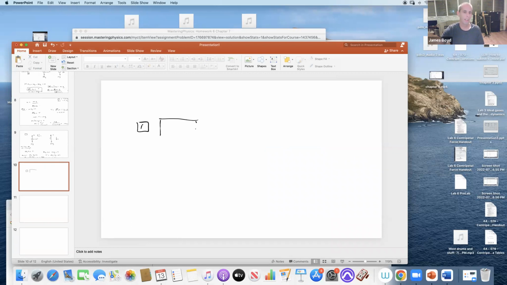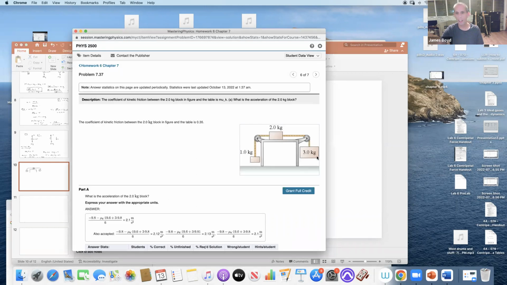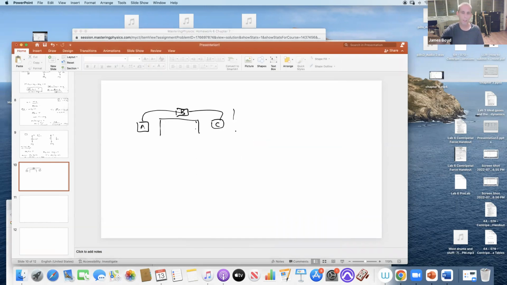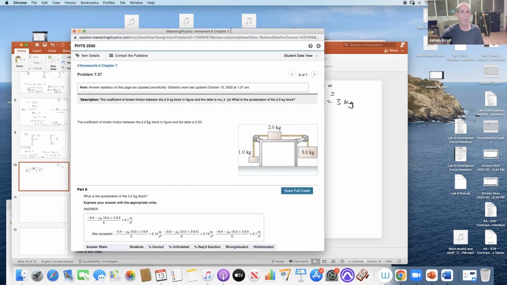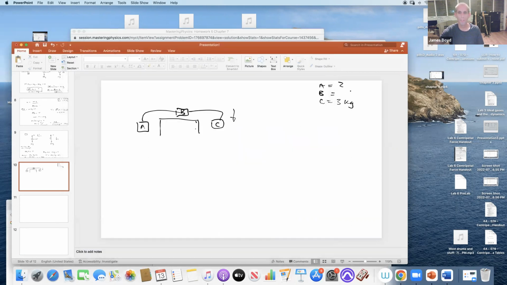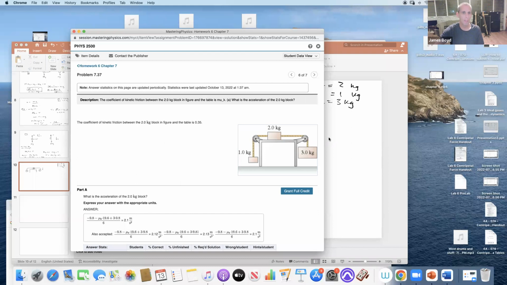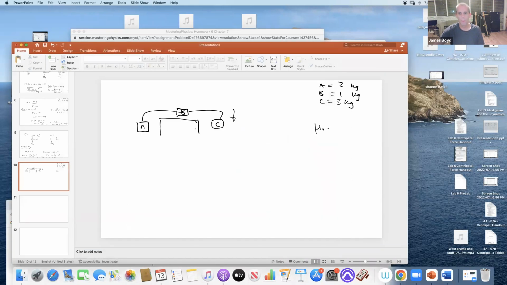I'm going to call this one A, this one B, and this one C. We're going to assume it's going to go down this way because C is 3 kilograms, and B and A are 2 and 1. And mu is 0.35.